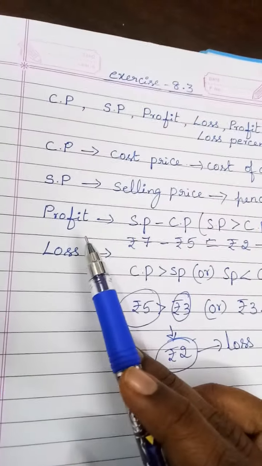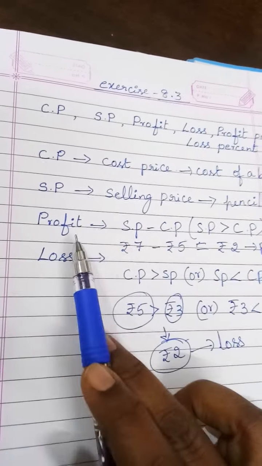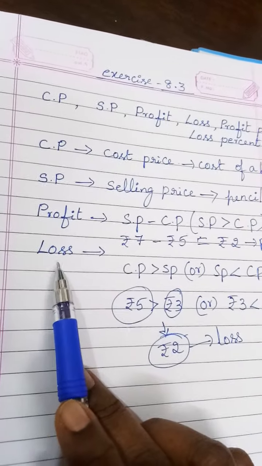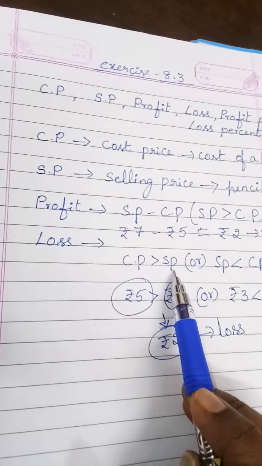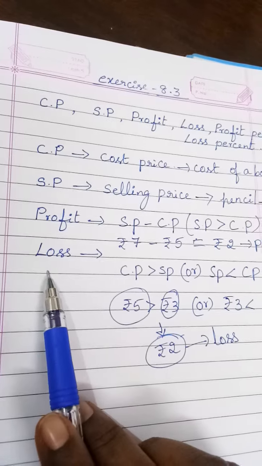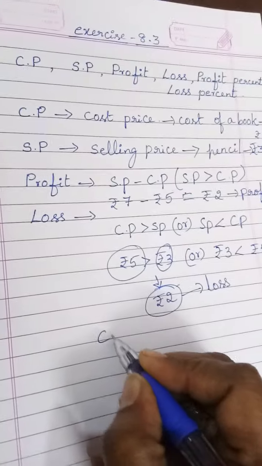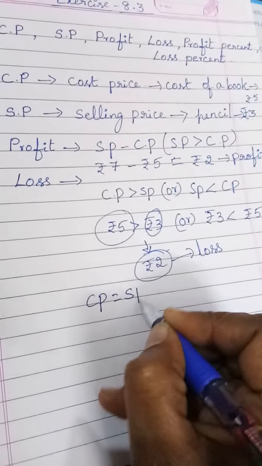When selling price is greater than cost price, we can say that we got profit. But when cost price is greater than selling price, we can say that we are in loss. Sometimes CP is equal to SP.